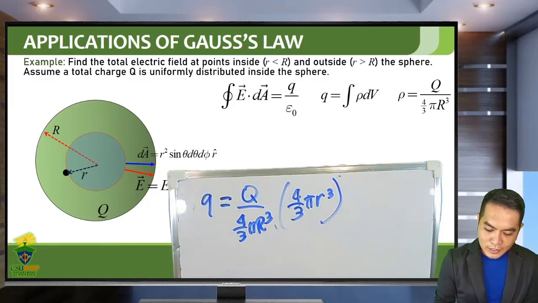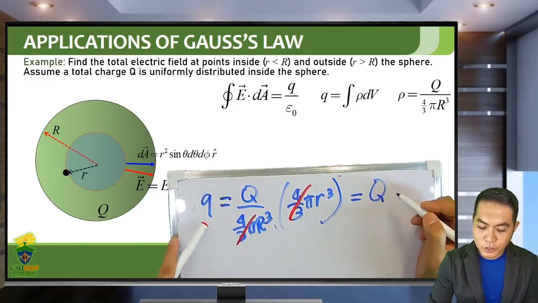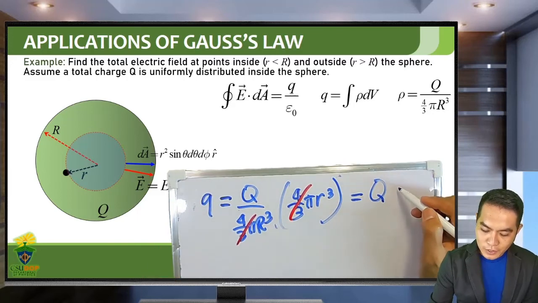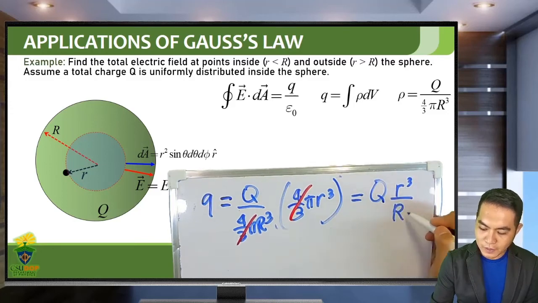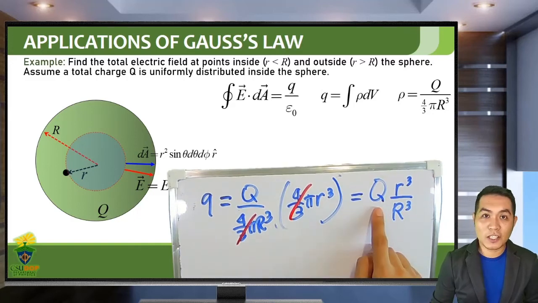So cancel 4/3 pi, cancel 4/3 pi. Therefore, the total charge Q, or the charge enclosed Q, is just equal to the total charge times small r cubed over capital R cubed. So it's actually just a fraction of the total charge Q.